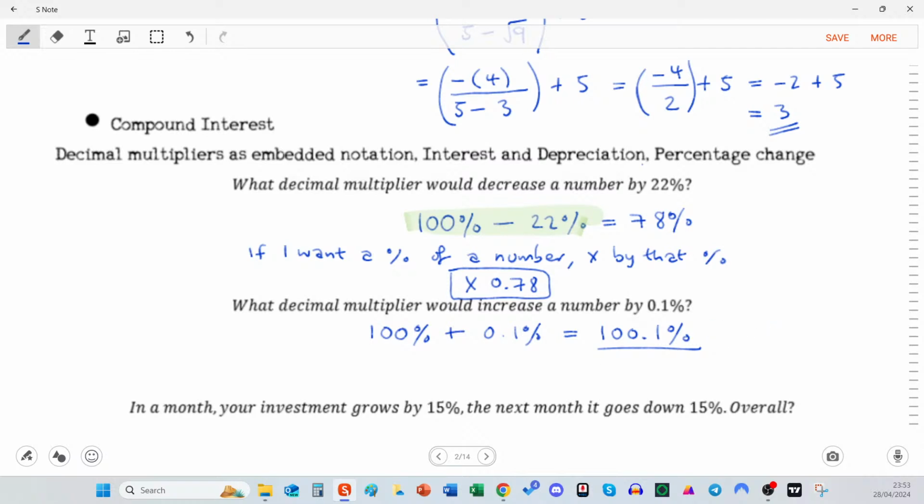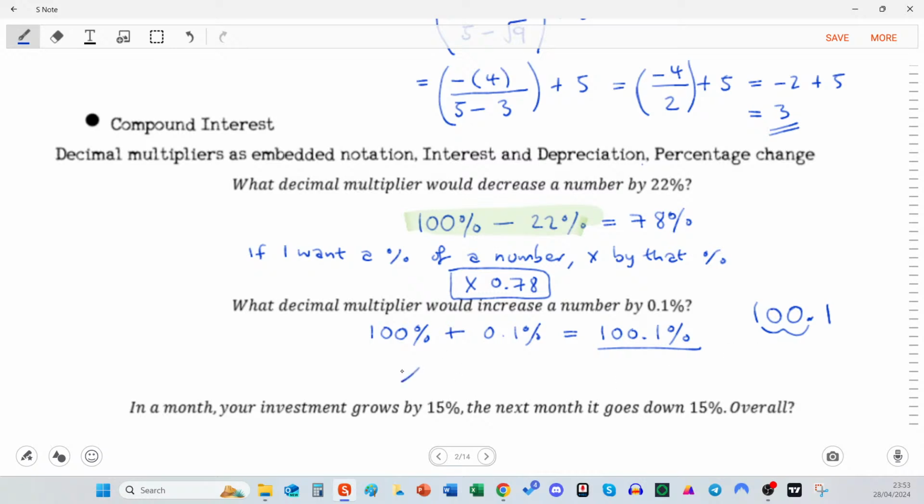And if we want 100.1%, just multiply by 100.1% in decimal form. How do we get decimal form? We divide by 100. It's pretty straightforward to see that if this is going to be divided by 100, it's going to get smaller. The decimal place moves 1, 2 this way.